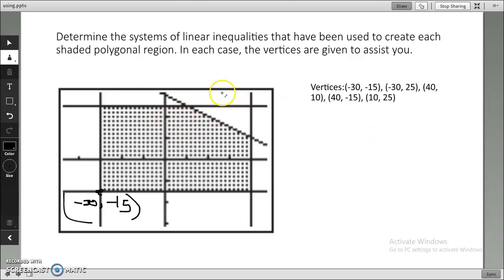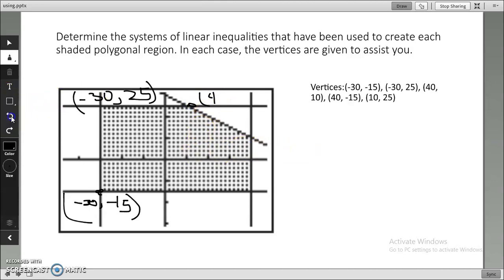I can also plot these points in decimals too if you want to. I'll show you that when we get done plotting here. Then we have negative 30, 25. So negative 30 will stay over here, 25 will come up here. So that's negative 30, 25. Then I have 40, 10. So I'm going to have to assume that this is 40, 10. 40 would be more over here, don't you think?